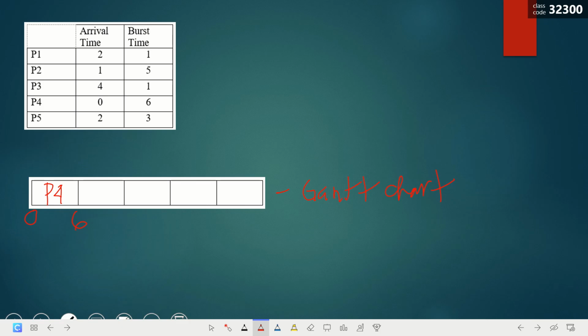Even though P4 has the largest burst time of these processes, its burst time is 6, so it requires 6 units of time to complete its execution.